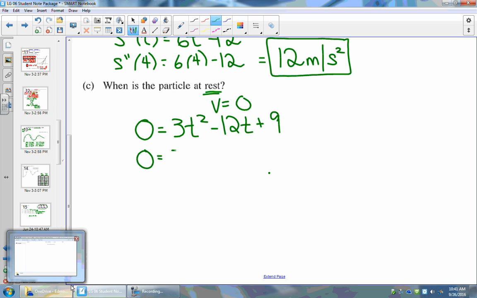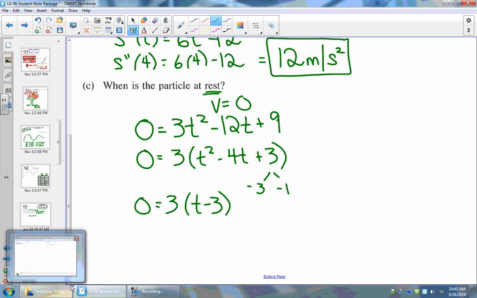So we're going to have to factor. So let's get rid of that 3 first. T squared minus 4t plus 3. Okay. Looking at this one, this is a good way to factor here. We can just look at the factors of 3, so that would be negative 3 and negative 1, that are going to give us negative 4. So we've got t minus 3 and t minus 1.